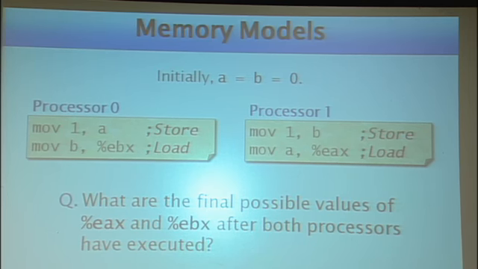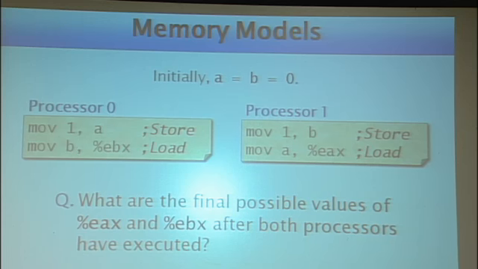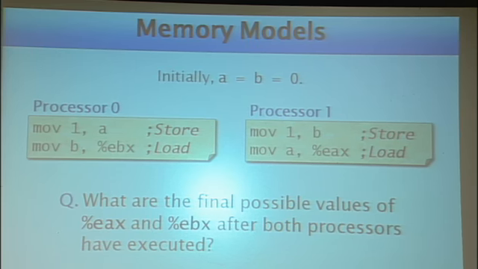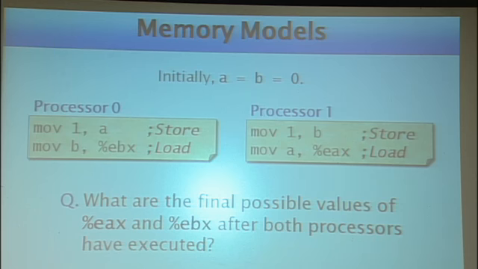Seems like a straightforward enough question. What values can EAX and EBX have? Depending on scheduling of when things happen, it's not always going to give the same answer, but the question is, what's the set of answers that you can get?